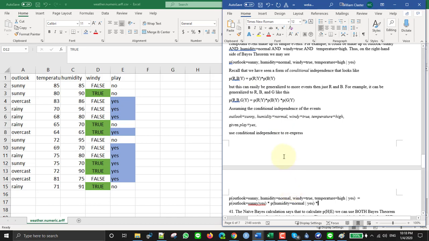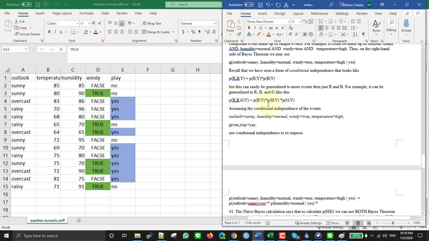So it looks like this, except there's 4 of them instead of 3: 1, 2, 3, 4 of these. It looks like this: R, B, G given yes. If it's conditionally independent, it means that we can rewrite it like this.